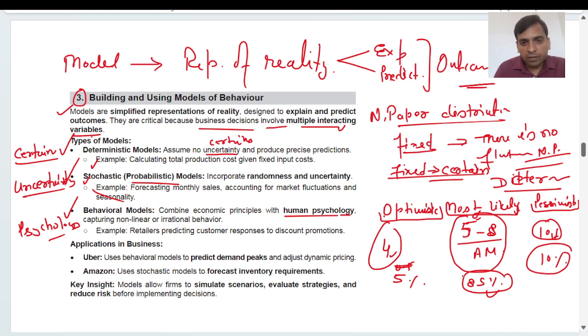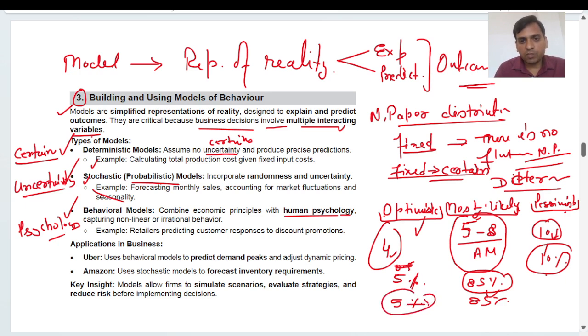So when we prepare any strategy, we will use these predictive rules, or we can say probability: 5% for these people, 85% for the majority, and 10% for the pessimistic kind of situation. In this case, there is nothing fixed. There may be change.